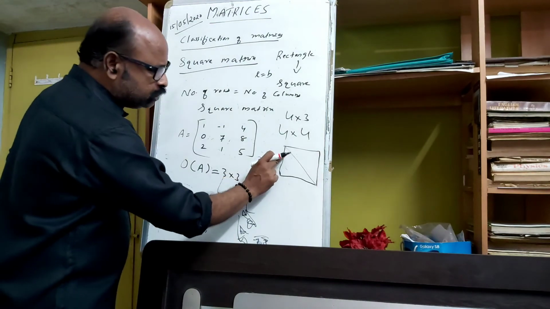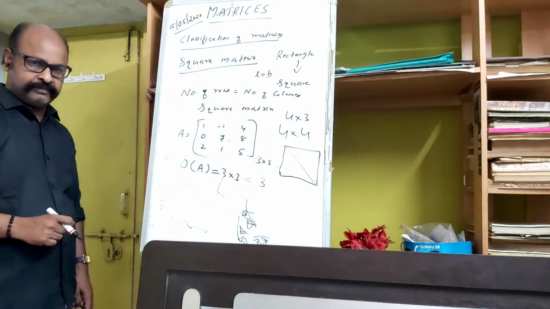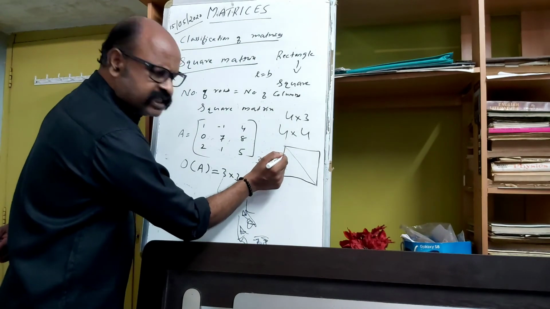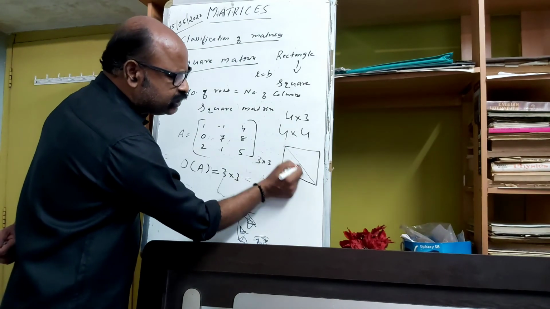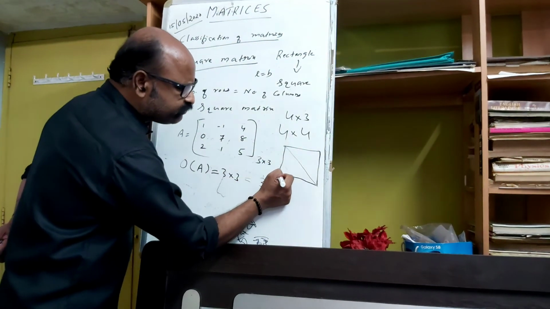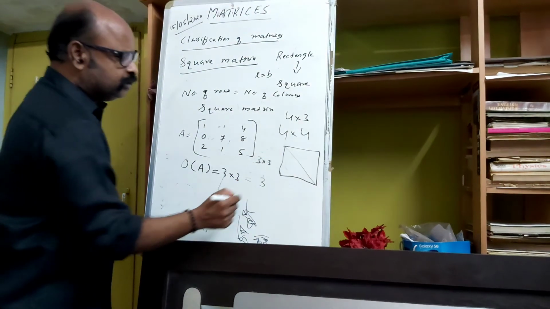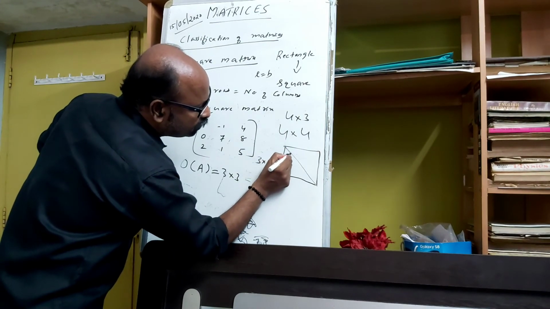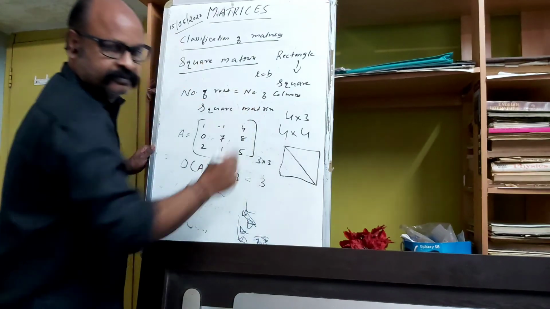I have drawn one diagonal of this square. Which diagonal? I can say the diagonal originating from the left top. The other one is from the left bottom. Doesn't matter. One diagonal is drawn, the diagonal from the left top.